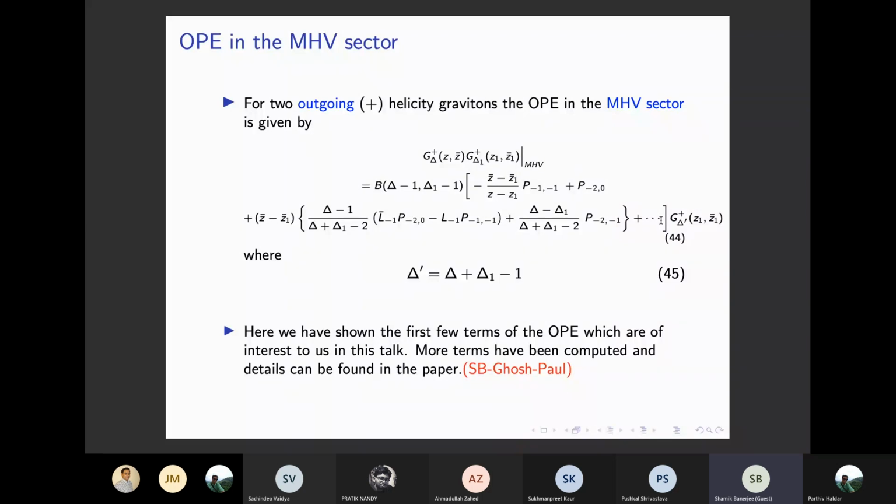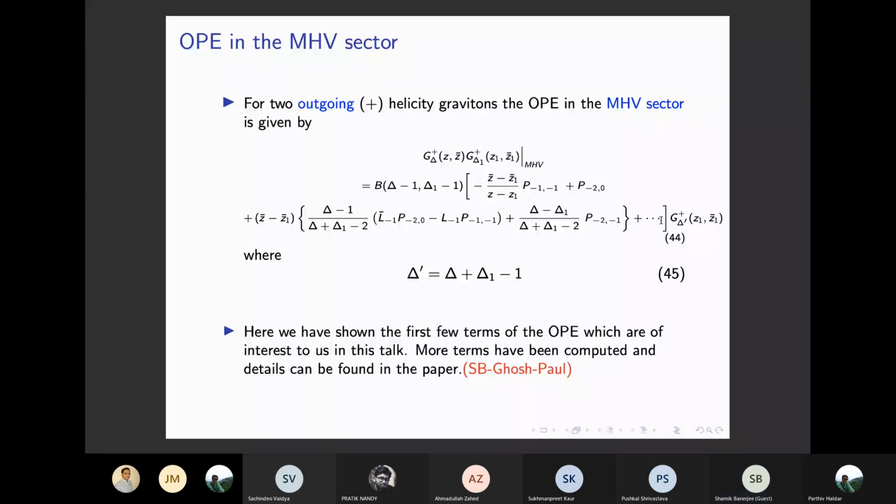That basically says that the OPE actually exists on the celestial sphere. That's a non-trivial statement, because it's not a priori clear that the OPE makes sense in this dual description.